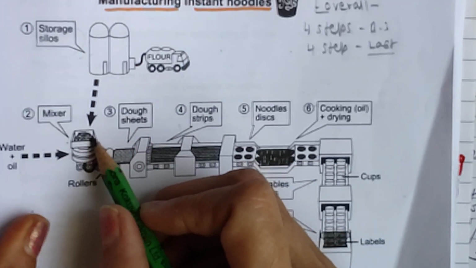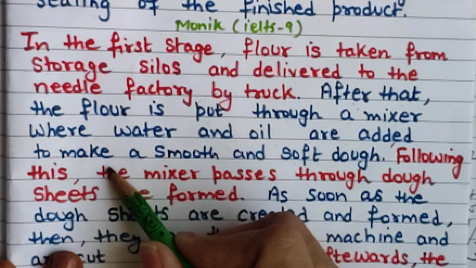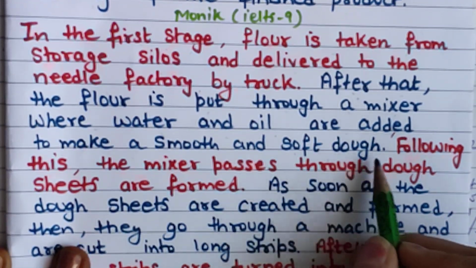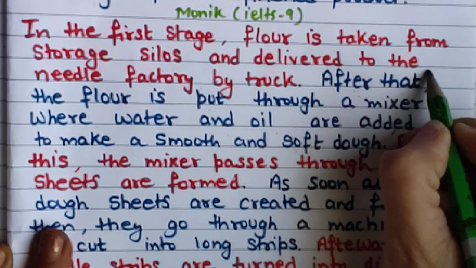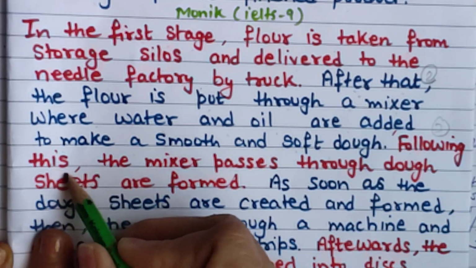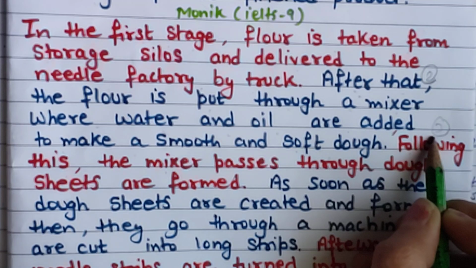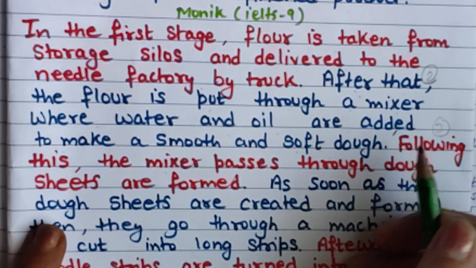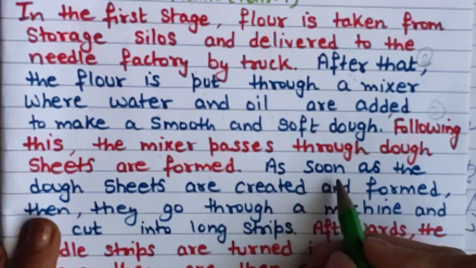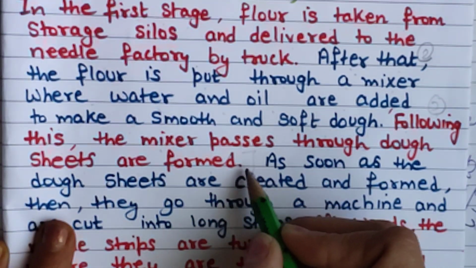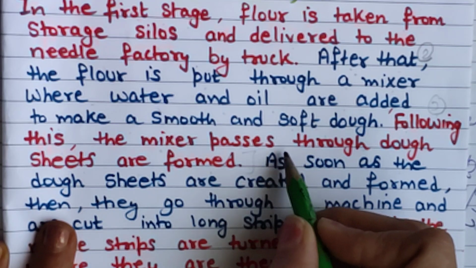So dough means smooth and softer. Following means third step. Following this, the mixture passes through and dough sheets are formed, so this is the third step. Now this is the fourth step.